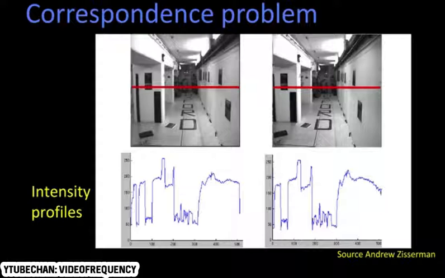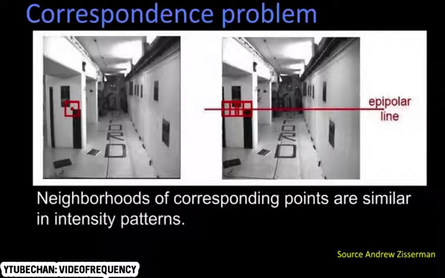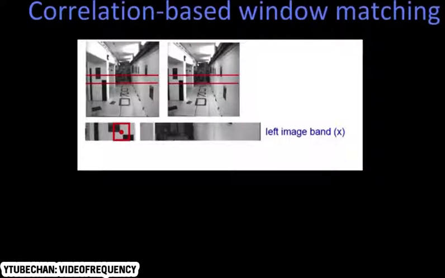But there are slight differences in exactly what the profiles look like. There's a little bit of noise. And there also might be some ambiguity, so finding where you match over here might be challenging over there. So we're going to look at this a little bit more carefully. We've pulled out a window on the left, and we're going to slide that along the epipolar line, that window on the right. All right, let's take a look at a particular window.